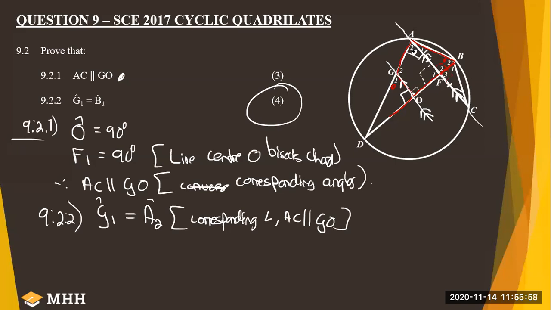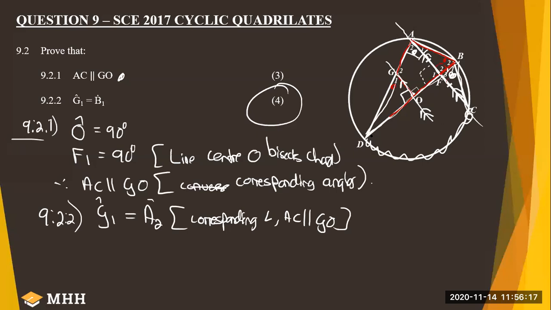Okay, so G1 is equal to A2, but I must try and get to B1. Can you see B1 forms, if you put your fingers here, angles in the same circle segment?